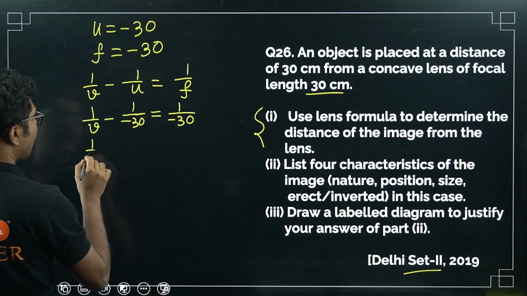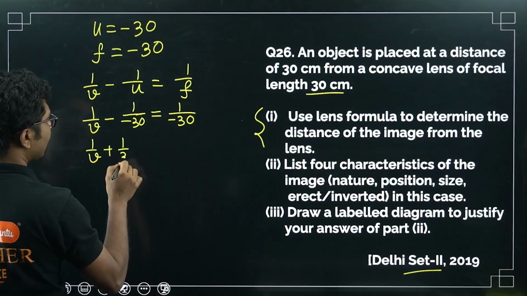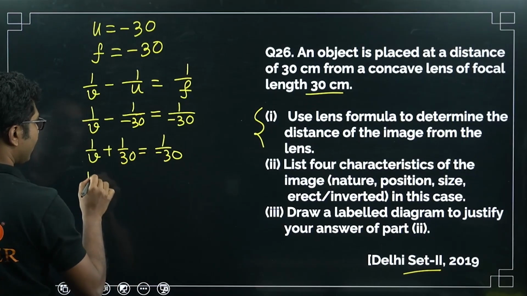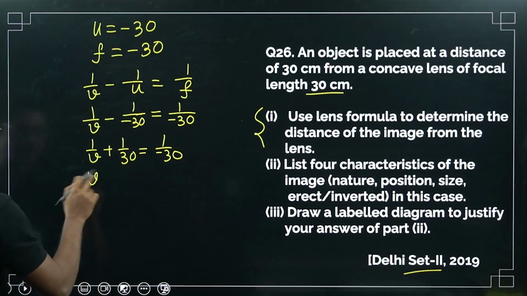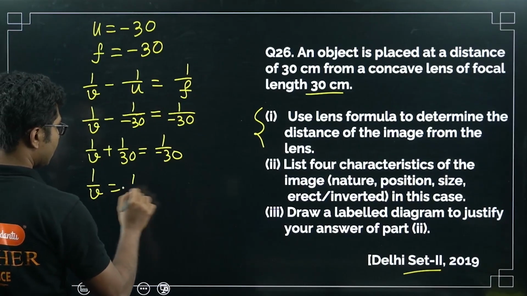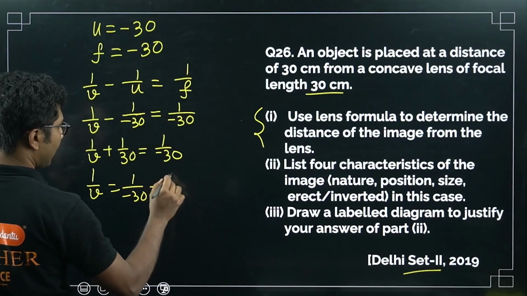So 1 by v plus 1 by 30 equals minus 1 by 30. So 1 by v equals minus 1 by 30 minus 1 by 30.